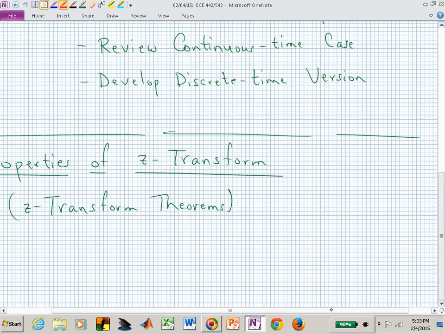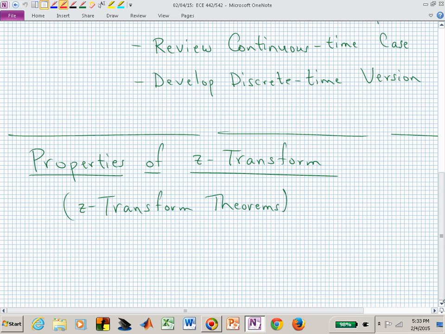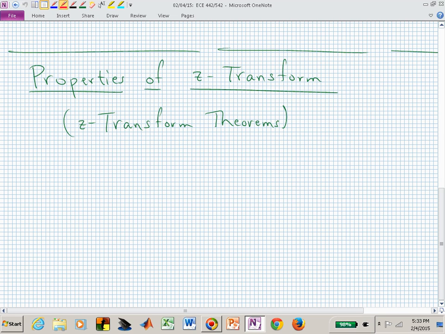Let's get started then with properties of the Z-transform, or you could say Z-transform theorems. That would be a valid way to refer to this.